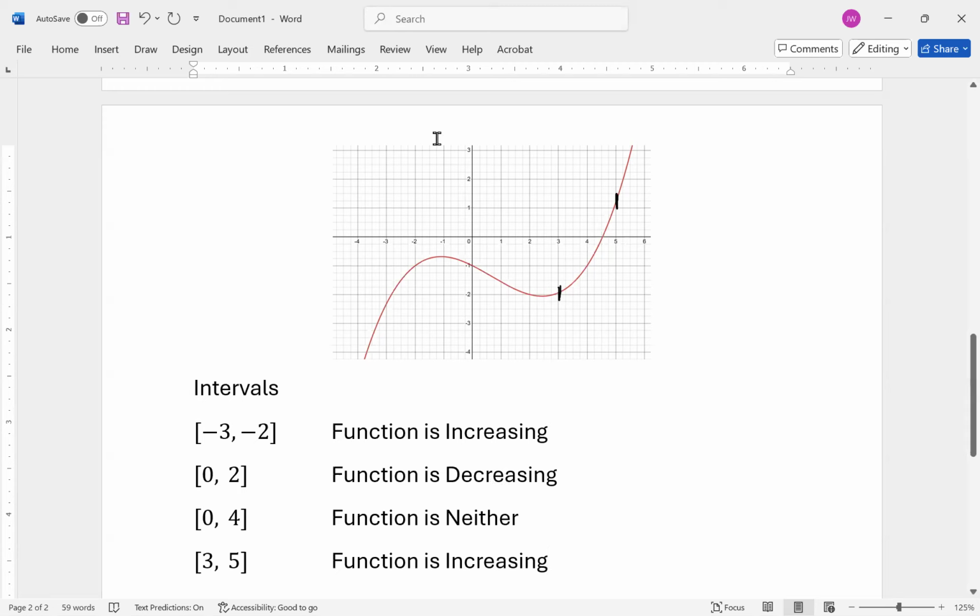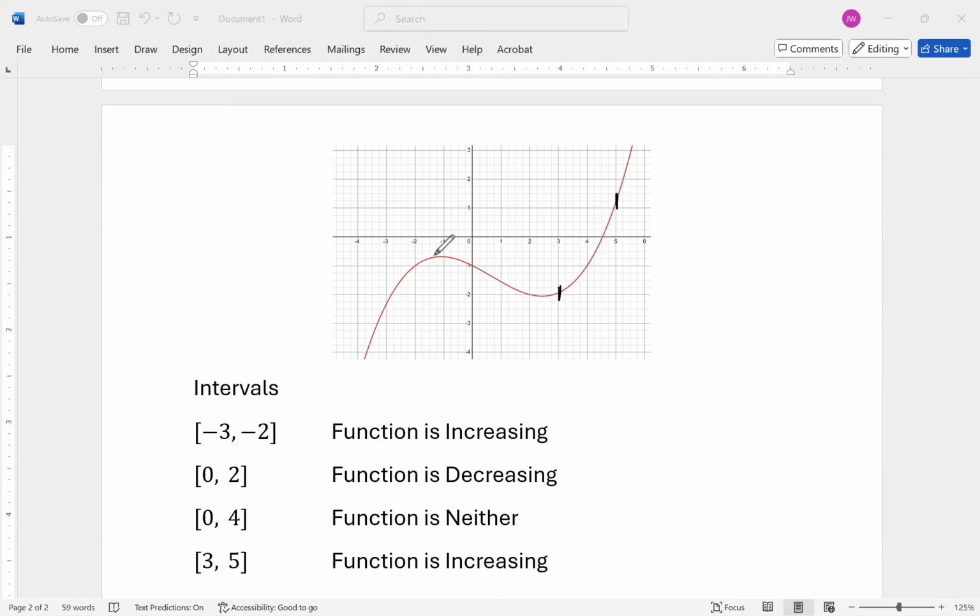By the way, notice that in the 3 to 5 section, the function is increasing. Also in the -3 to -2 section, the function is increasing.